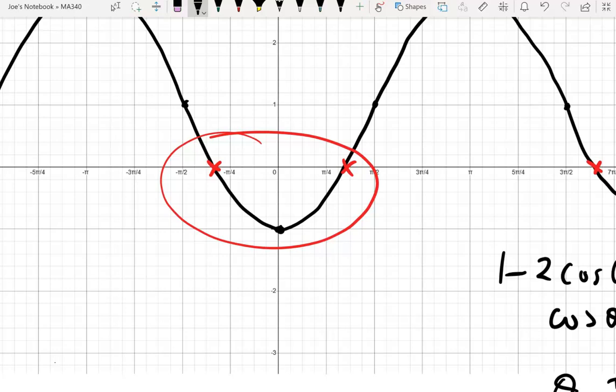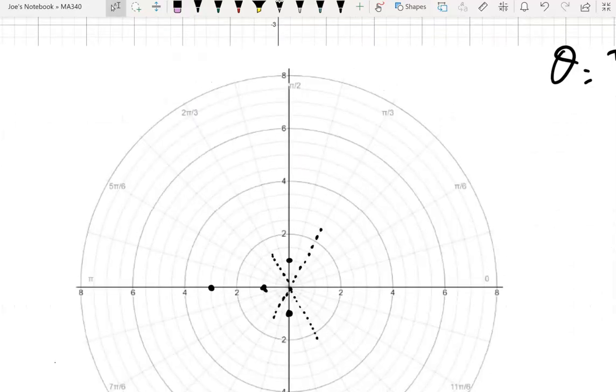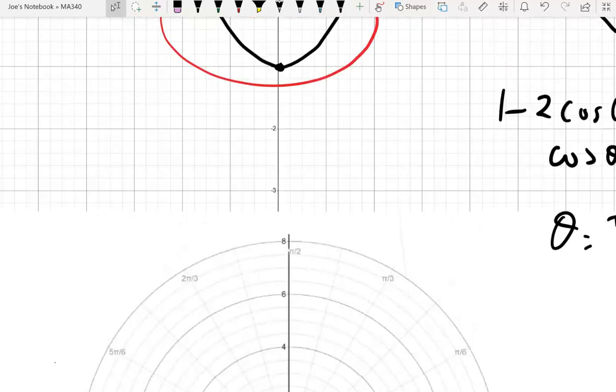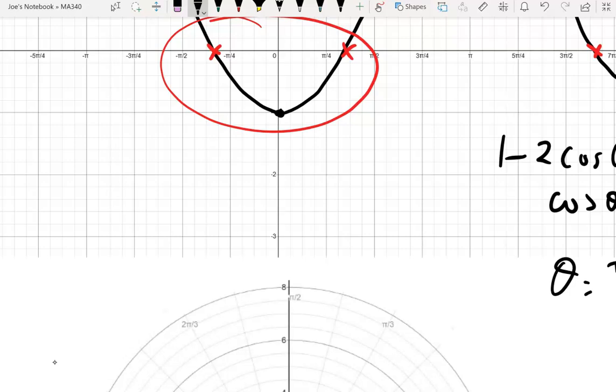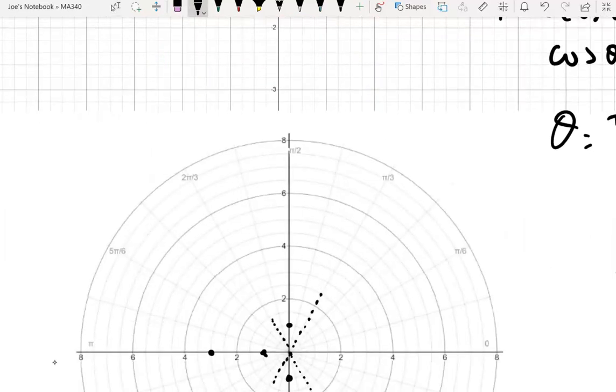So do I want to get closer to the pole or farther away from the pole? If this graph is getting closer and closer to 0, do I want to draw this so I get closer and closer to the pole or farther away? Closer and closer, right? That's how we're going to use that guiding line. This is going to come in this way and follow that guiding line.